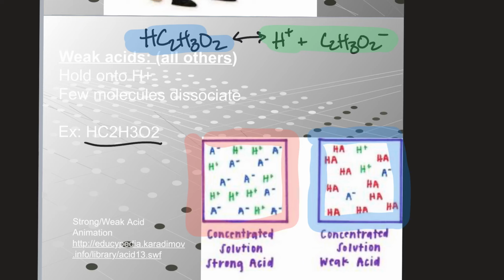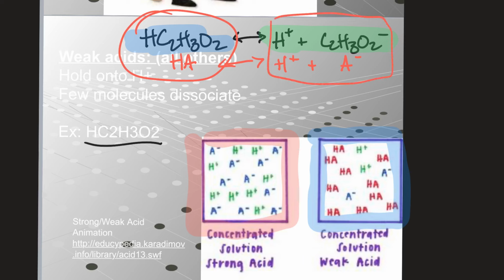If you want to compare it to what I wrote here earlier, this is your HA, this is the H plus and the A minus. If you compare and contrast, for the weak acids, most of it is still in the HA form, but you have some small percentage, some small concentration, that will actually break up into its ion version. So that's what we mean by strong acids and weak acids.